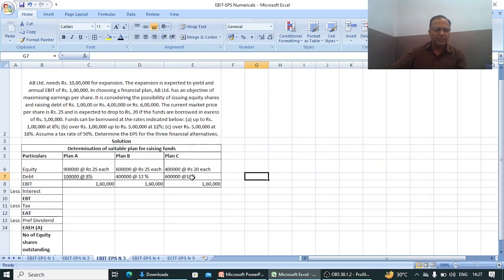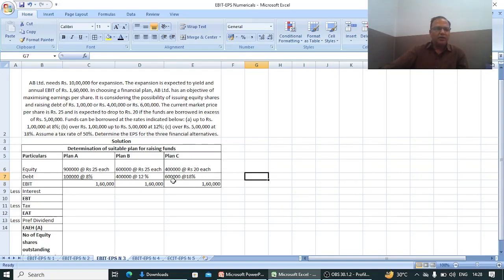At the same time, whenever you are collecting rupees 6 lakh, collect rupees 1 lakh at 8%, rupees 3 lakh at 12%, and remaining 2 lakh at the rate of 18%. So we will solve this problem with both the assumptions.